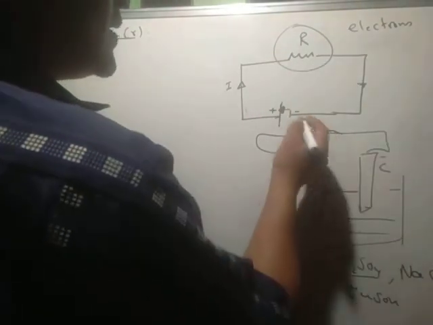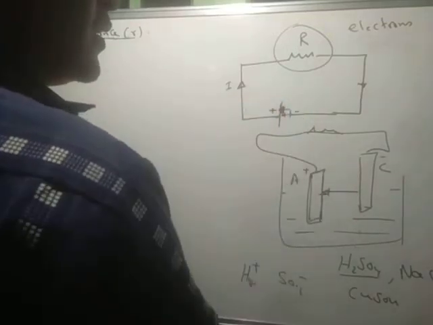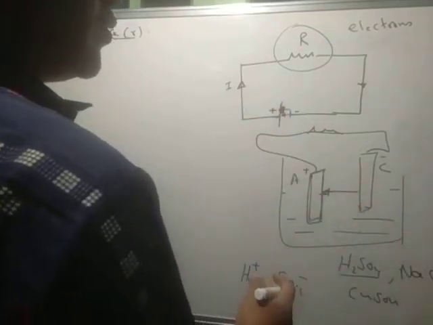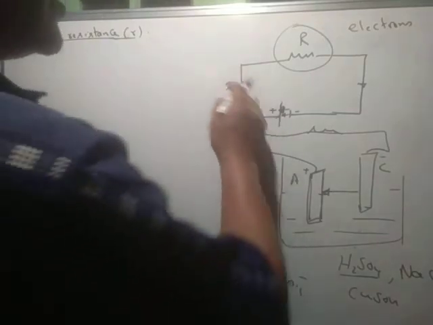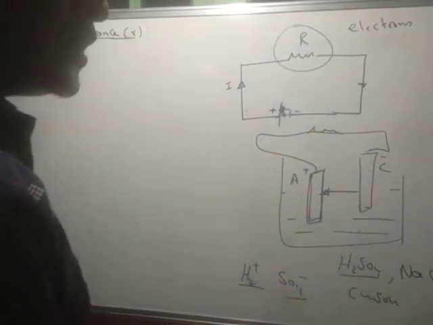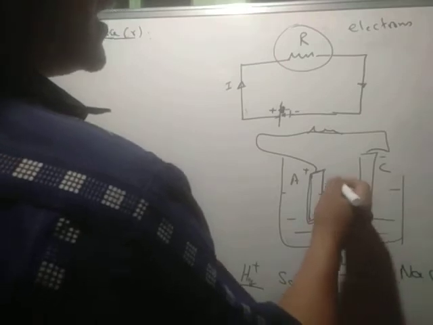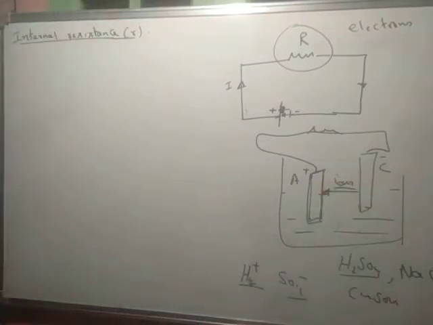But inside the cell, because the current has to pass from the negative plate to the positive plate, who is responsible for the electric current? Inside the cell, we don't have free electrons, but we have ions, positive and negative ions. It is these ions that are responsible for the electric current inside the cell. So please remember this point.